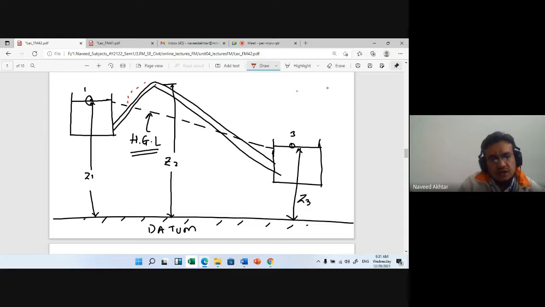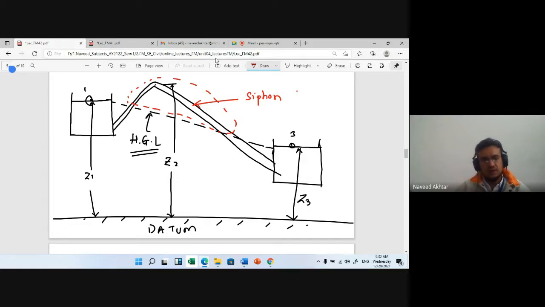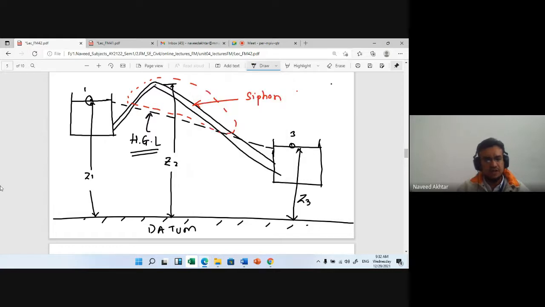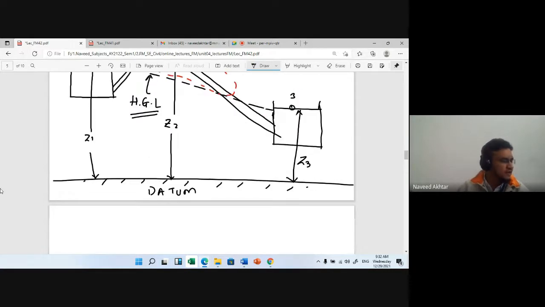This portion above the hydraulic gradient line is nothing but what is called the siphon. Why siphon? Because negative pressure is developed above the hydraulic gradient line. So in this system, the siphon is developed above the hydraulic gradient line.